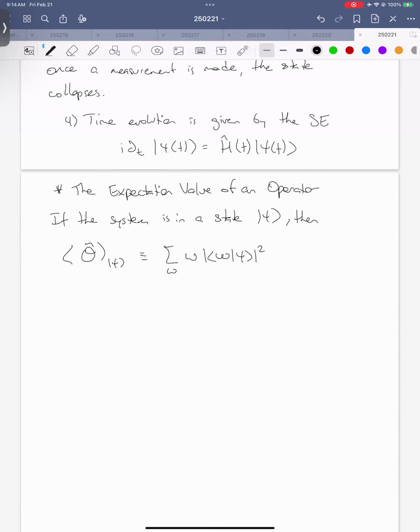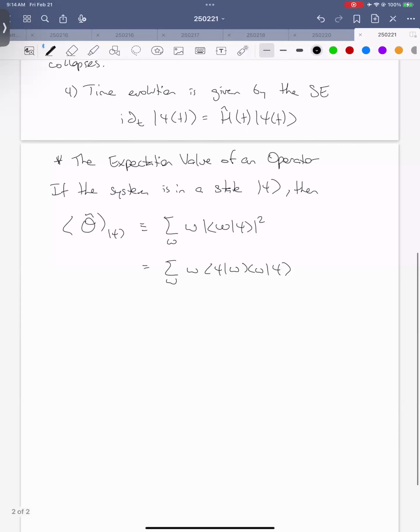And we can, by the nature of what we mean by the inner product of the modulus squared, we know that this is the inner product of omega with psi, and then the outer product of omega with omega psi, because the inner product with the order swapped is a complex conjugate. And then we can be clever and write this as the operator acting on these eigenstates omega to pull out the eigenvalue.